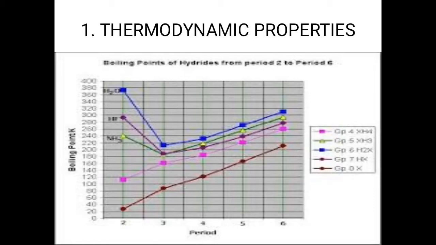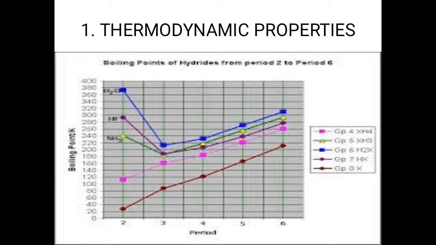Here we are going to study the boiling points of compounds in which hydrogen is present. Whenever hydrogen makes a compound with another element, it is called a hydride. So we are studying the boiling point trends of different hydrides from the periodic table.